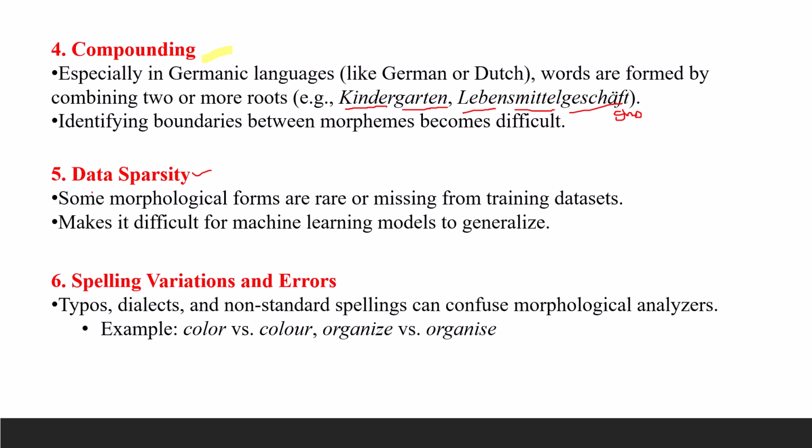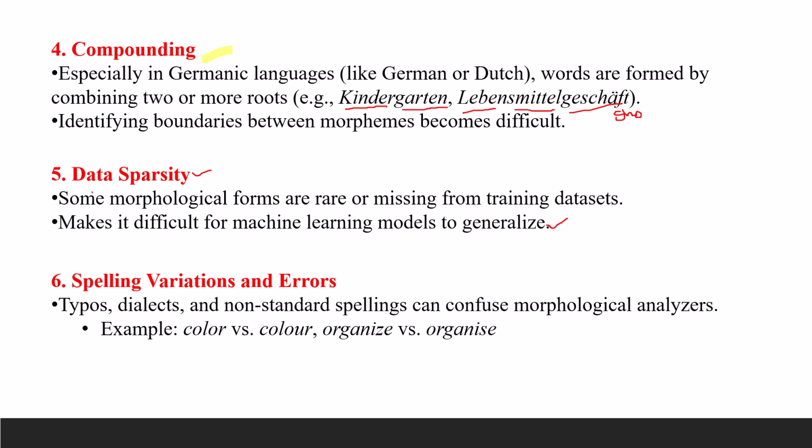It refers to the problem when some word forms are so rare that the system hasn't seen enough examples to learn from them effectively, because sometimes the word may be missing from the dataset. That is called data sparsity. That is also one kind of problem that we are facing.